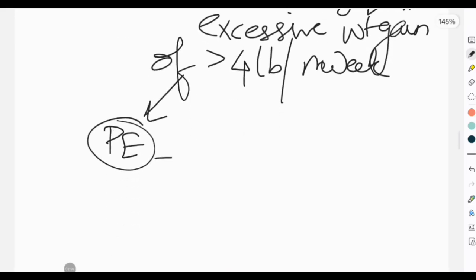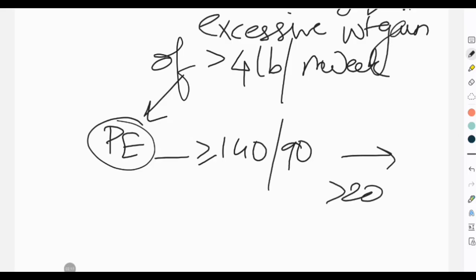Now what is preeclampsia? BP more than 140/90 for the first time after 20 weeks with proteinuria.